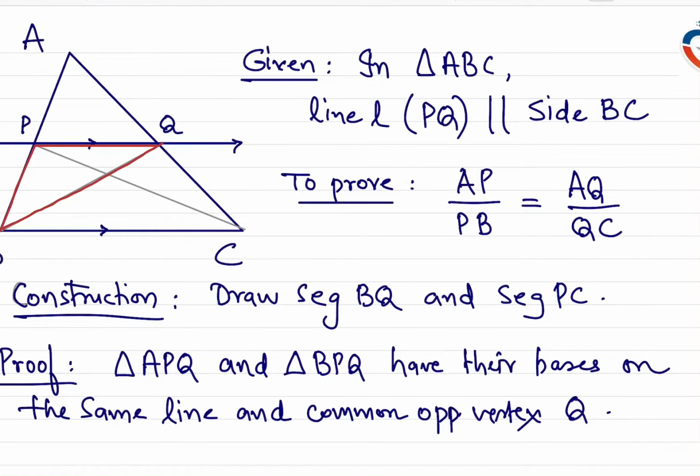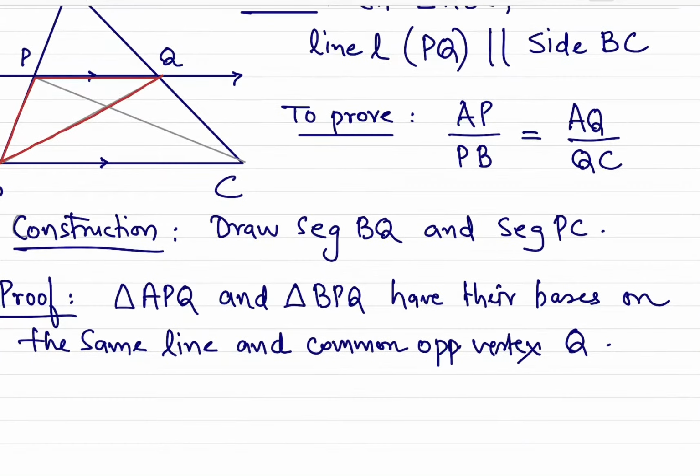Now whenever two triangles have the bases on the same line and common opposite vertex, what happens? The heights are equal. So therefore their heights are equal. And whenever two triangles have their heights equal, you can say the areas are proportional to corresponding bases.